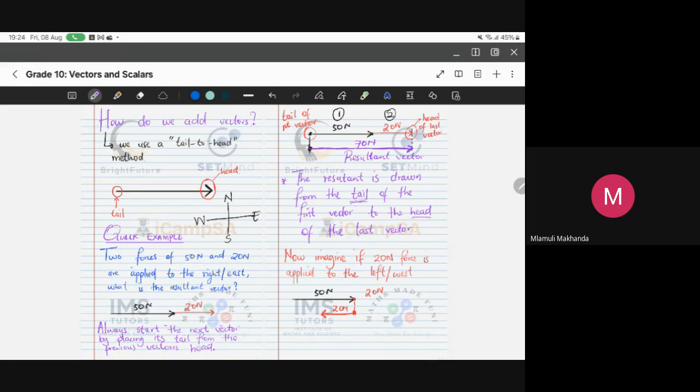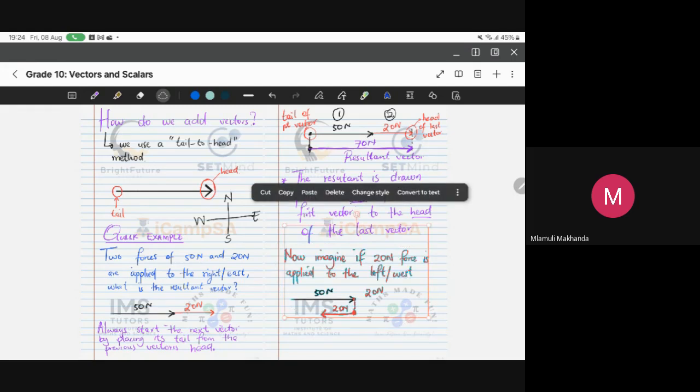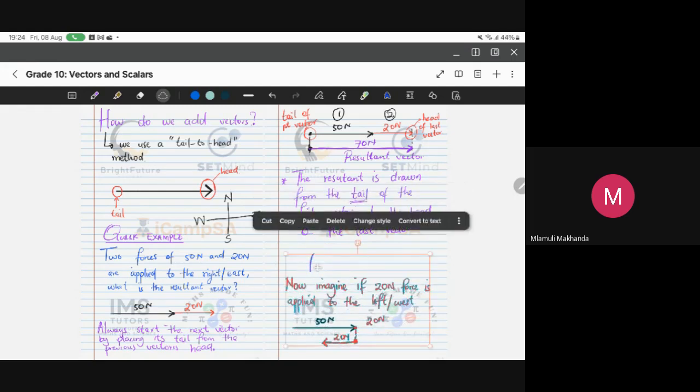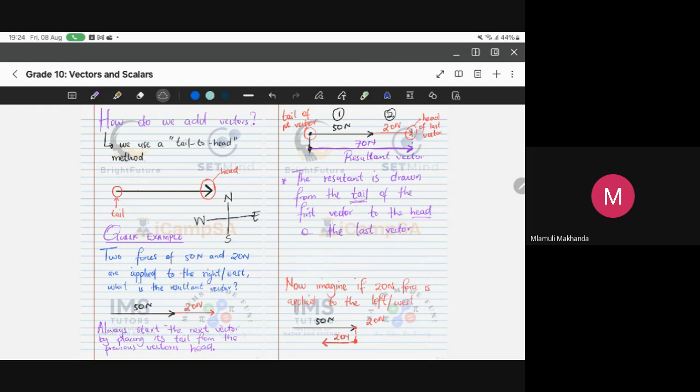Hence, it's called, I forgot to say this. I don't know why I'm forgetting things today. Hence, it's called the tail to head method, because it's from the tail to the head.